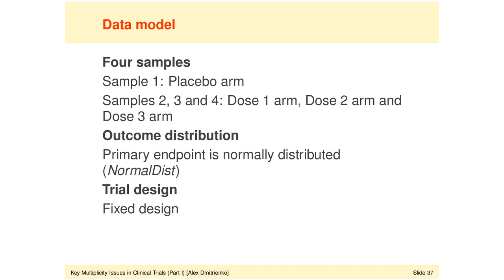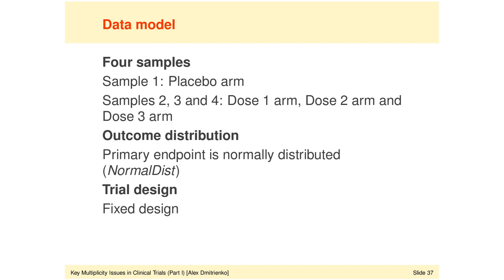The outcome distribution, or the distribution of the primary variable, is normal because the primary endpoint, based on the change in hemoglobin A1c, is assumed to be normally distributed, which means that we're going to use the keyword normal dist to specify the outcome distribution.